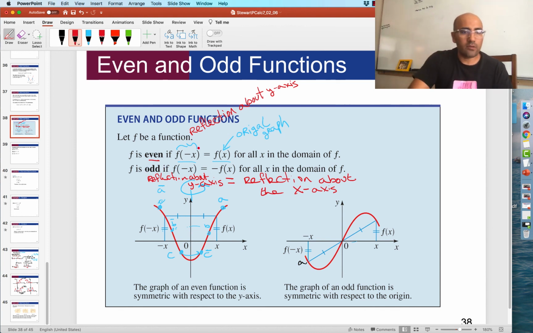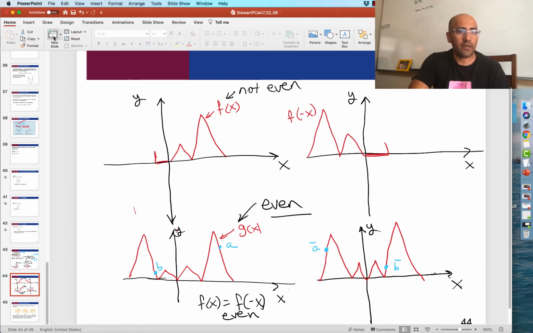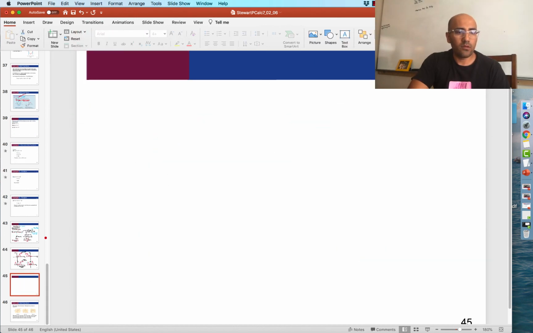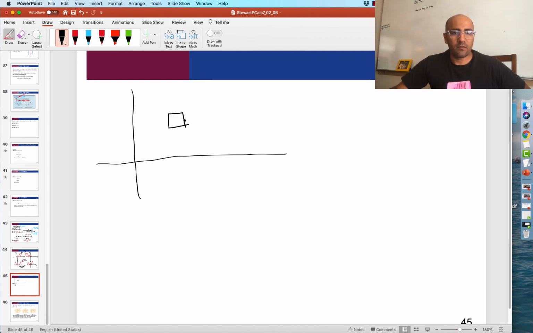So again, let's do a quick little example of what that looks like or what it doesn't look like. Let's look at a simplistic example. Let's just say we have a little house over here, roughly speaking, in quadrant 1.